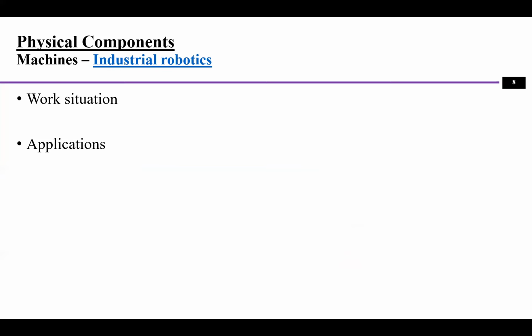Because it's all programmed, it's very accurate, while human labor might not be as consistent as robotics. Also, robots never get tired. They can work 24 hours a day, but a human worker has to have a rest. That's the reason people prefer to use industrial robotics.